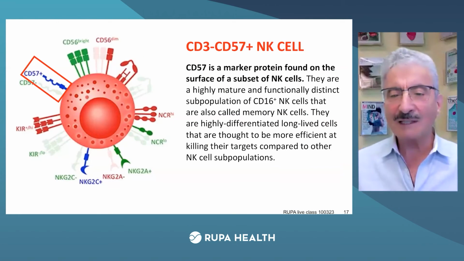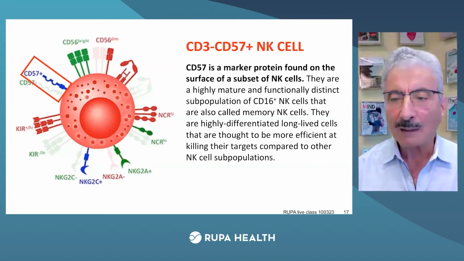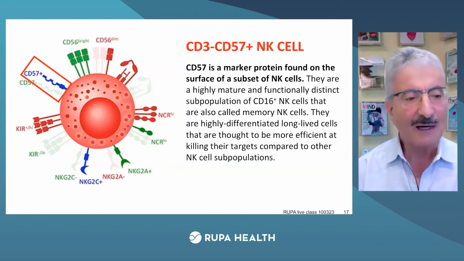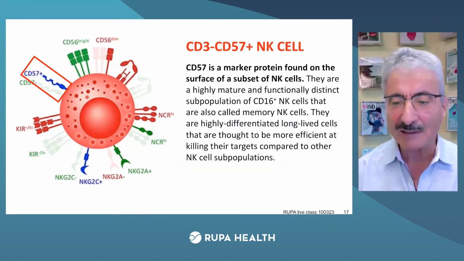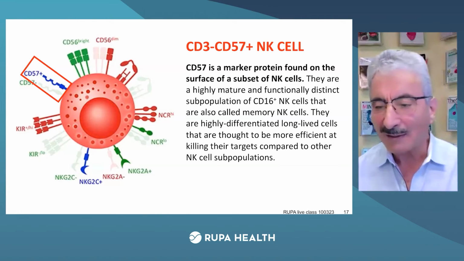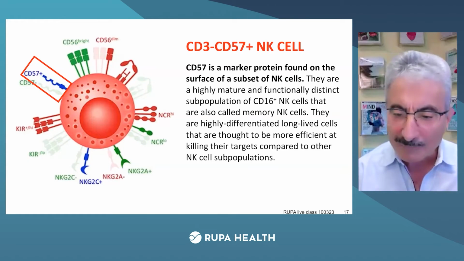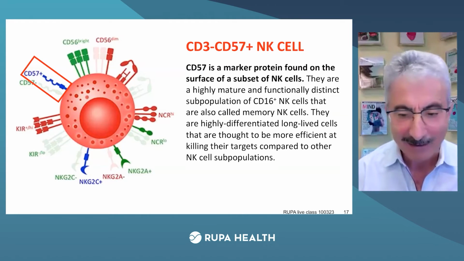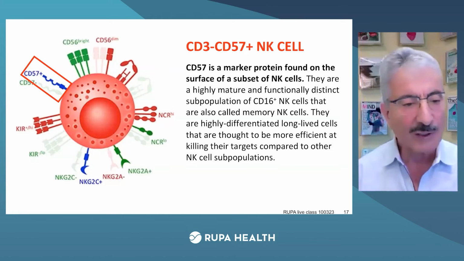So yes, CD57 positive NK cell is a marker protein found on the surface of a subset of NK cells. These are a subset of highly cytotoxic lymphocytes, CD16 positive NK cells. They are highly differentiated, long-lived cells that are thought to be more efficient at killing their targets compared to the other NK cell subpopulations.